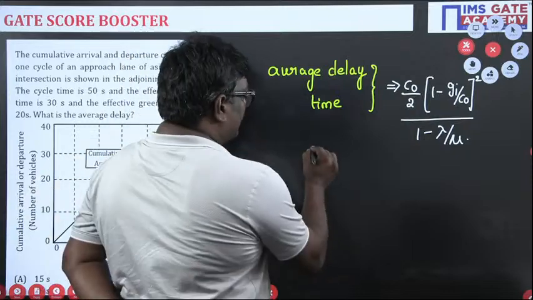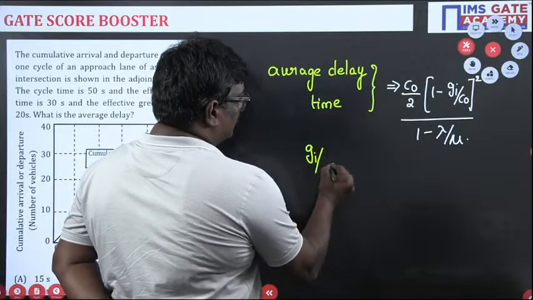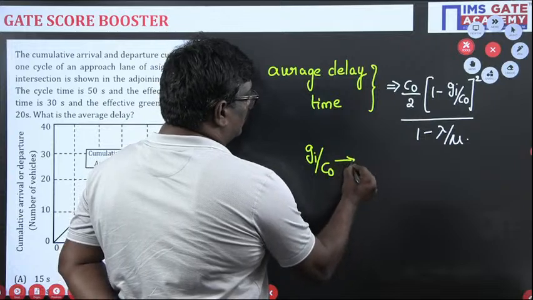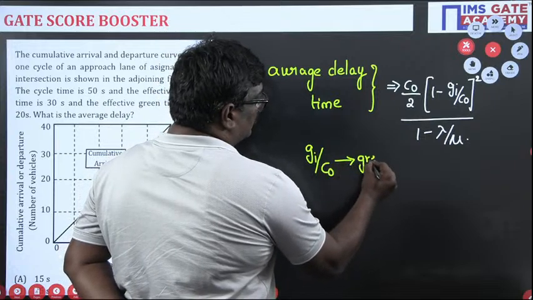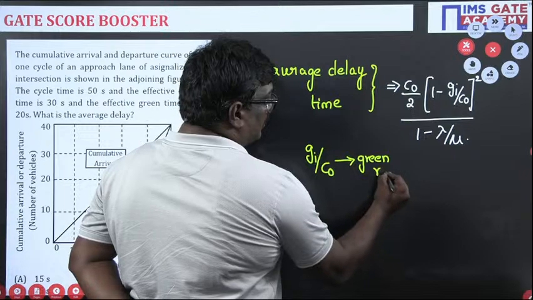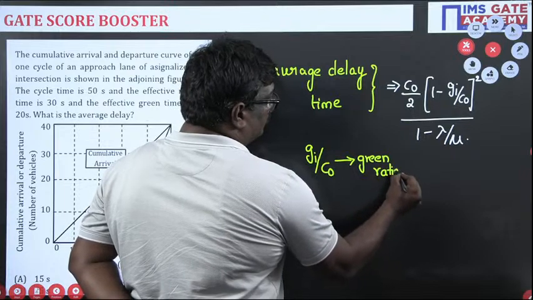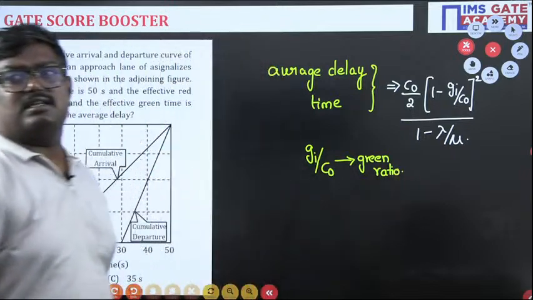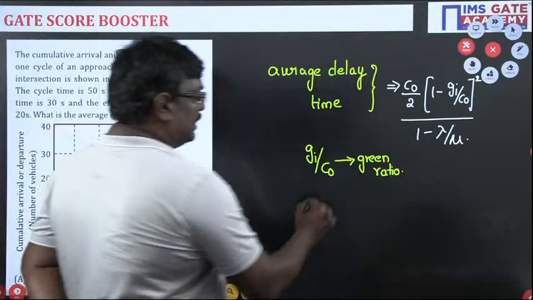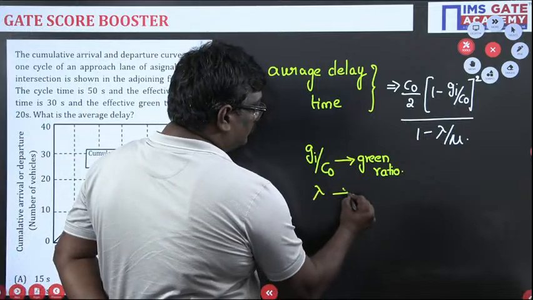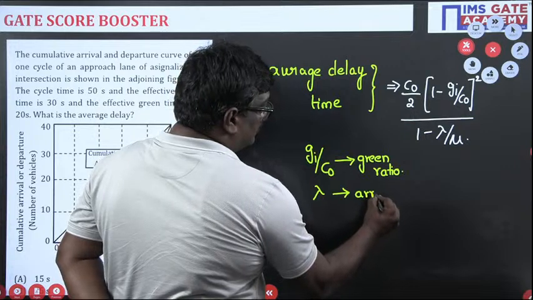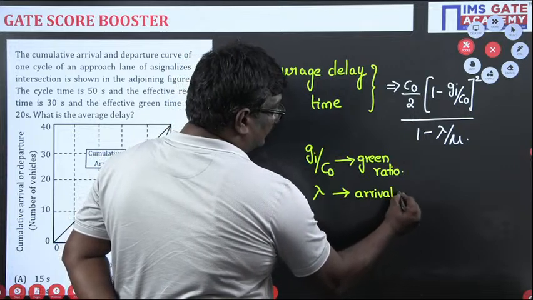What is Gi by C naught? It is nothing but the green ratio. What is lambda? It is nothing but the arrival rate.